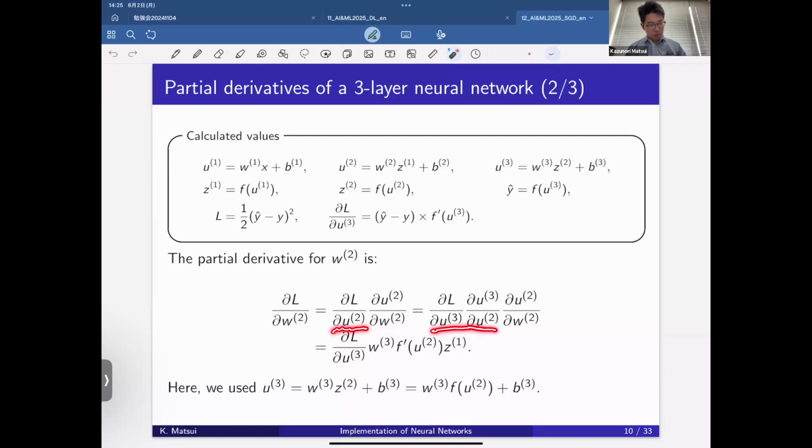If we put U3 in between, we can calculate the partial derivative, which is complicated otherwise. So we have dL dU3 from before. We need to calculate dU3 dU2.